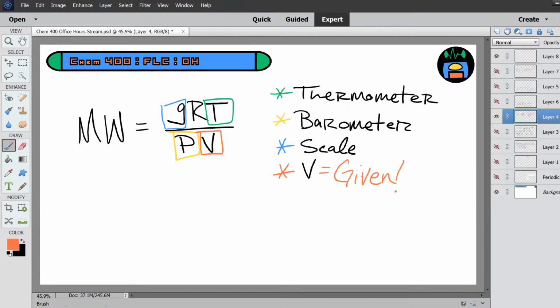So you don't actually have to do any of those fancy calculations, because it just tells you the volume of the flask in milliliters, which is awesome. Yes, Jason, that is correct.